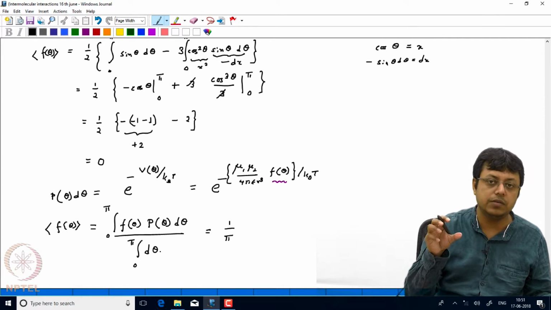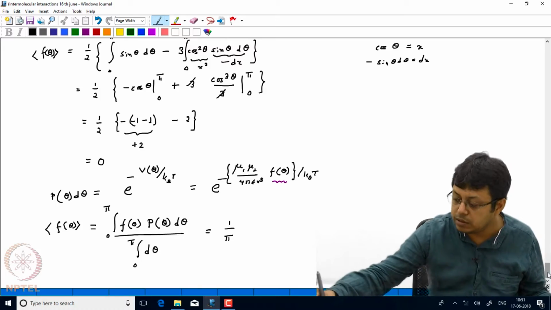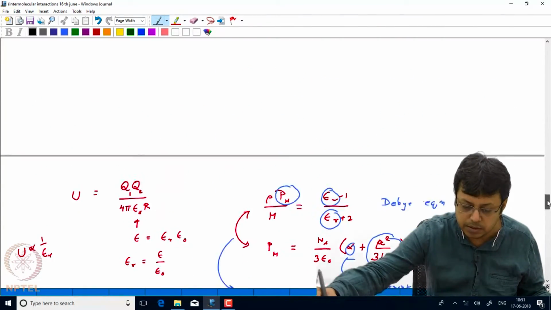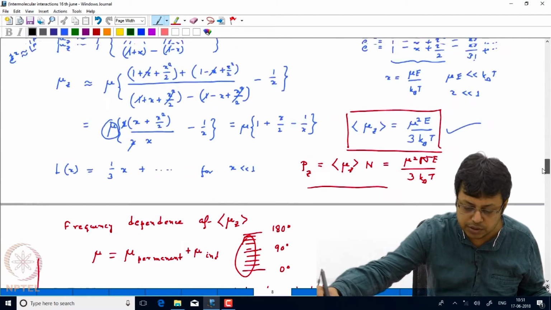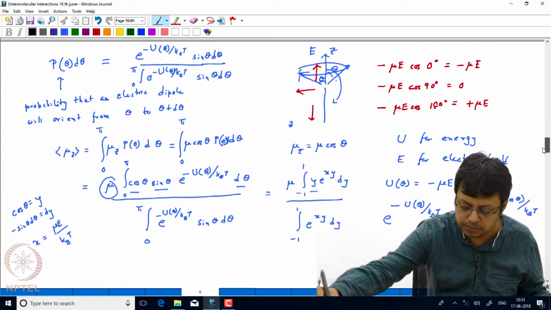Now, do not get confused that we need a sin theta d theta here, because we are just considering the probability distribution, just like we did in the earlier dipole interaction, if you remember, for the interaction potential of the average orientation of a dipole inside an electric field.